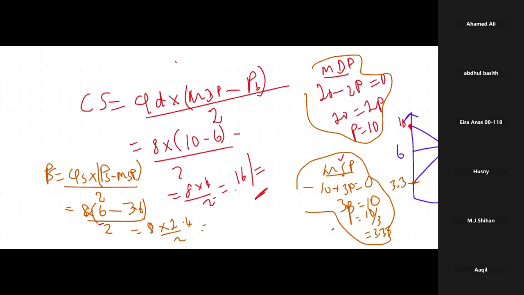So is it 9.6? Producer surplus 9.6, okay?